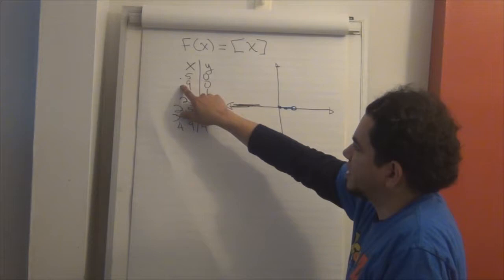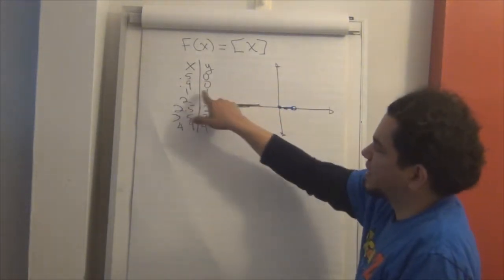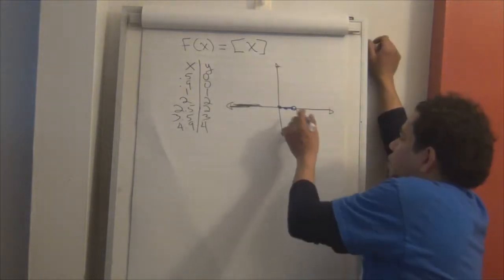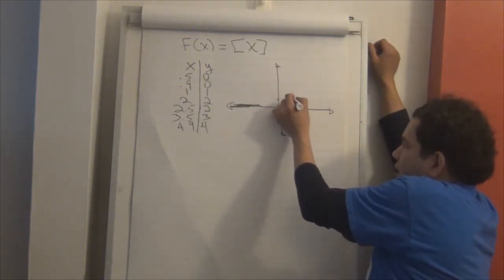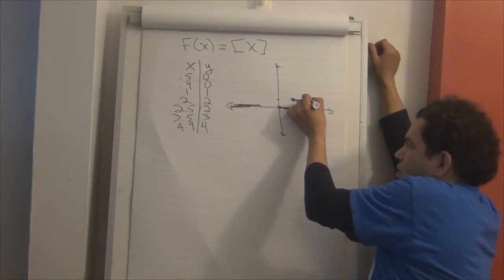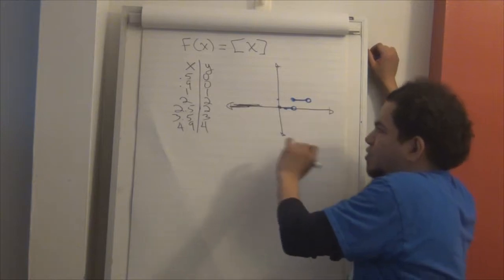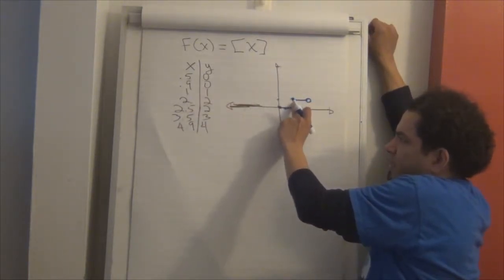Why? Because 1 is not included in the plotting for 0, when y is 0. Now when x is 1, y is 1. So right here, we start with this, and it goes all the way to 2, and you leave it open because 2 is not included in the 1 comma something. Get it?